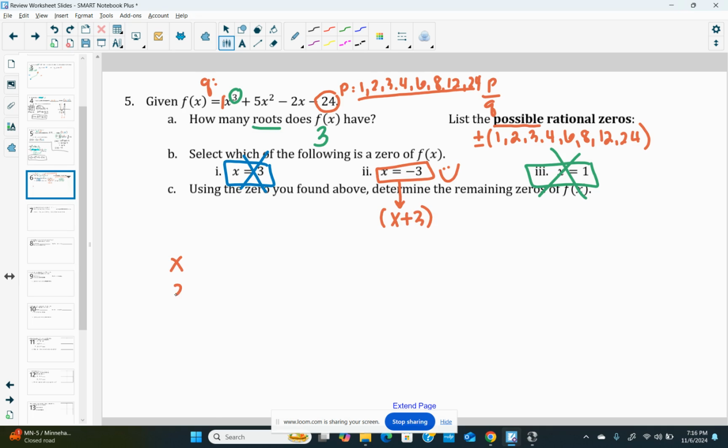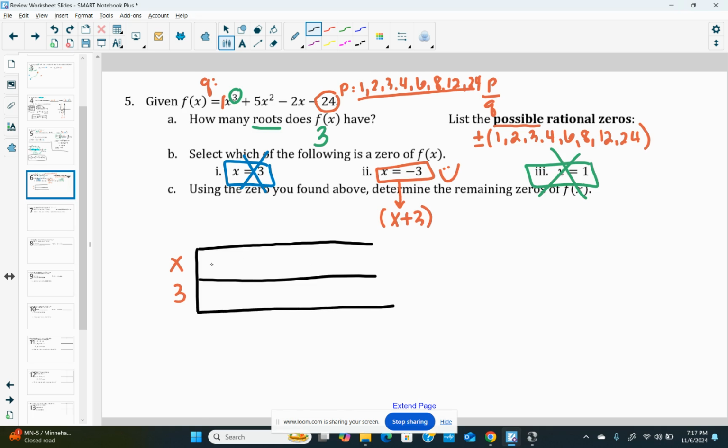So we'll put x plus 3 and long divide it into this polynomial so that we can get it down to a quadratic. So the x cubed goes in here. Then x times x squared gives us the x cubed. So now we can take top times the bottom to get 3x squared.